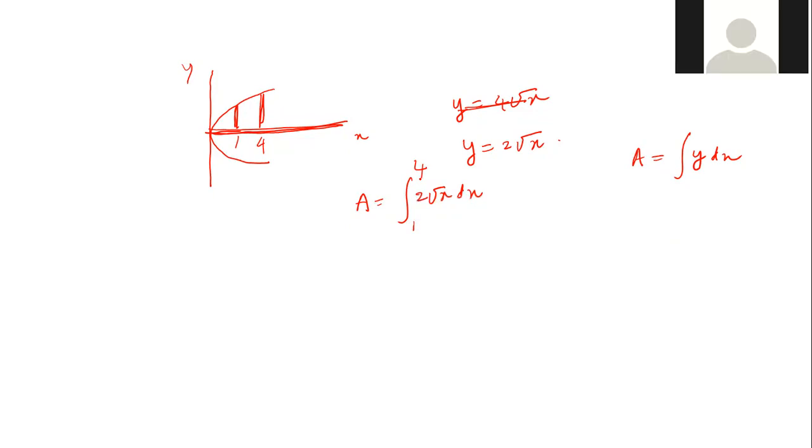If it is both above and below, we will double it actually. So what will be this now? 2 root x dx from 1 to 4.